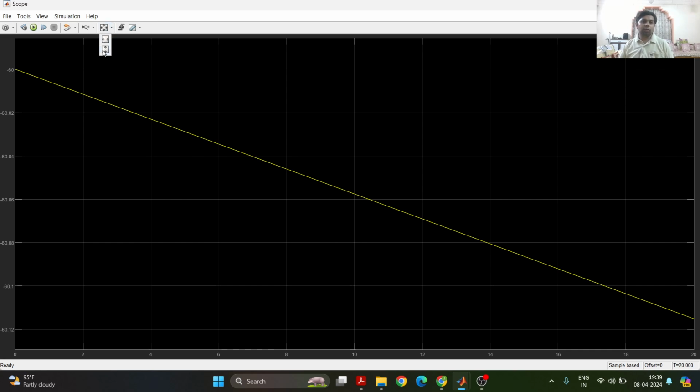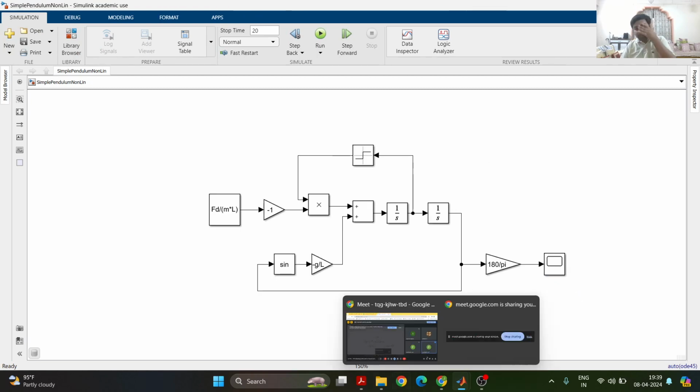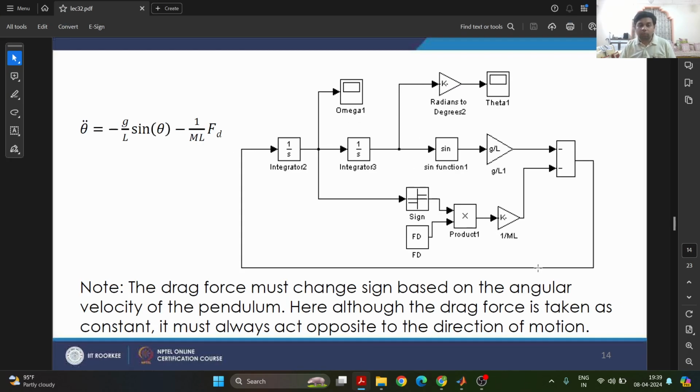So there is some problem with this model. Maybe the values are not consistent for the calculation purpose.